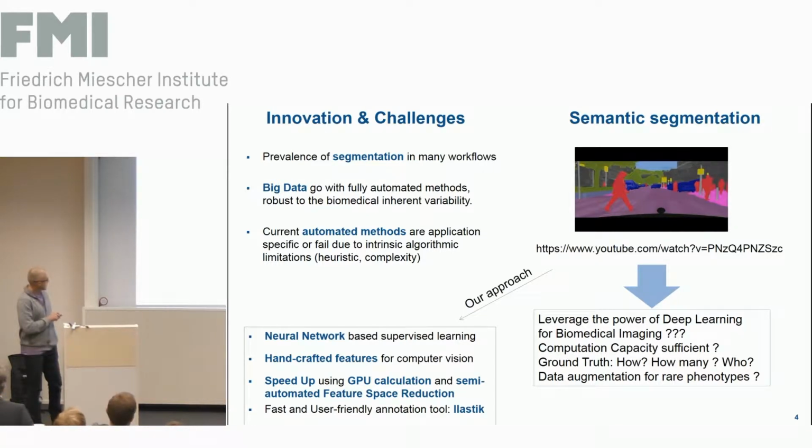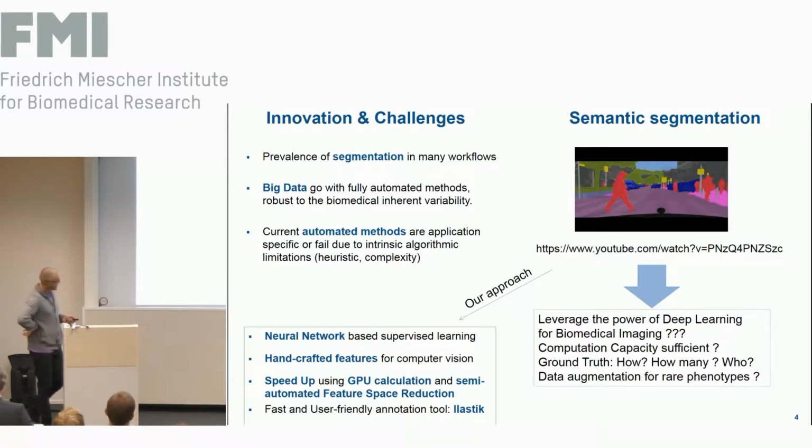Then, if we use these handcrafted features, we would like to speed them up in order to have very fast feature calculations and inference calculations, and for that we will use GPU computations. And another trick that we will use as well to speed up the inference time is to reduce the feature space. This is done in a semi-automated way in our workflows.